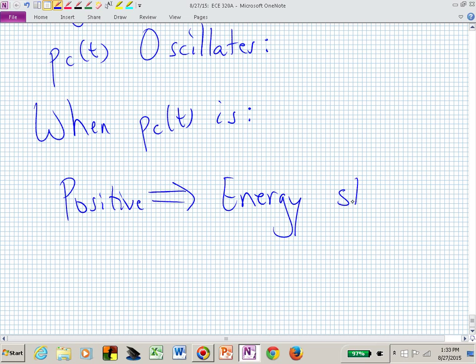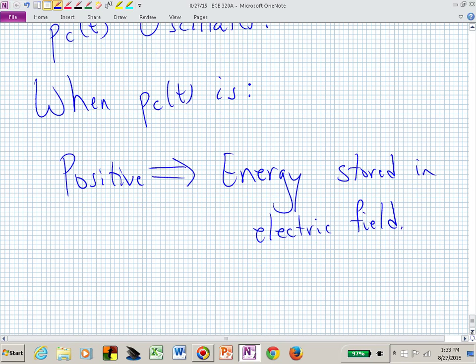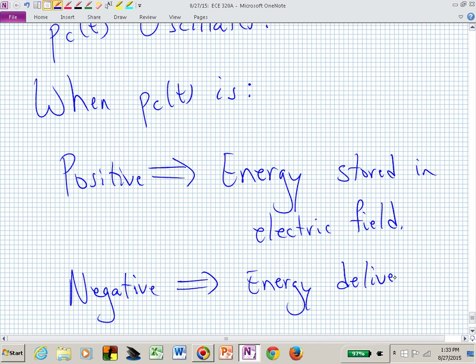The energy is stored in the electric field when the instantaneous power is positive. When it's negative, that energy is delivered back to the source.